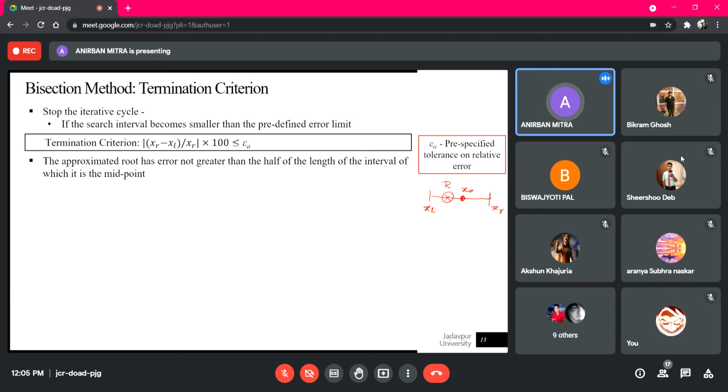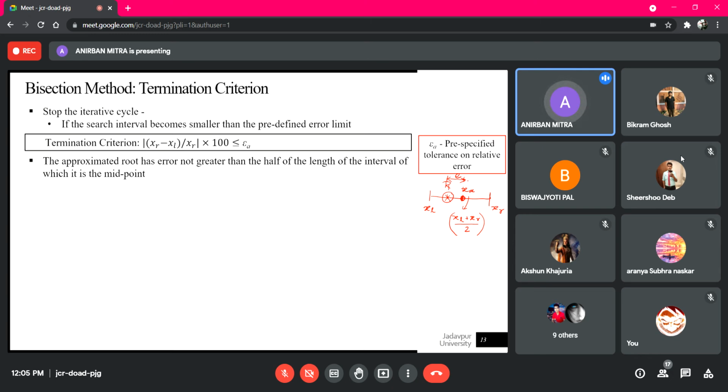So this is XM. XM is definitely XL plus XR by 2. Now the final error, of course, within this specified limit, is this amount. This is the error, let's say E.